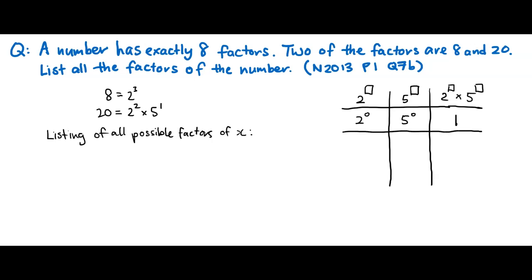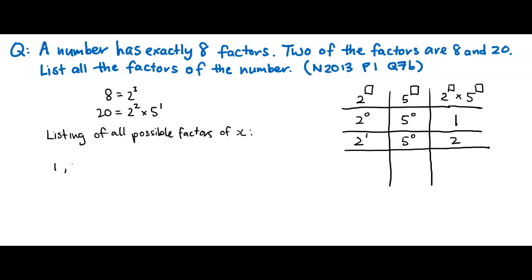So that's my first factor, 1. Next I'm going to maintain 5 to the power 0 first, and raise the power of 2 to 1. 2 to the power 1 times 5 to the power 0 gives me just 2.